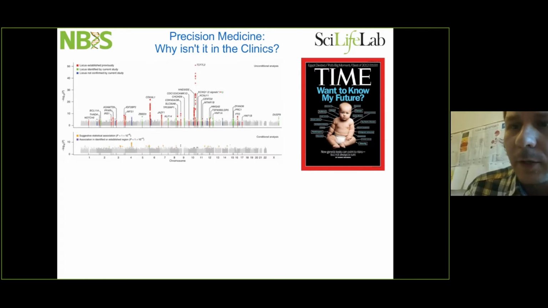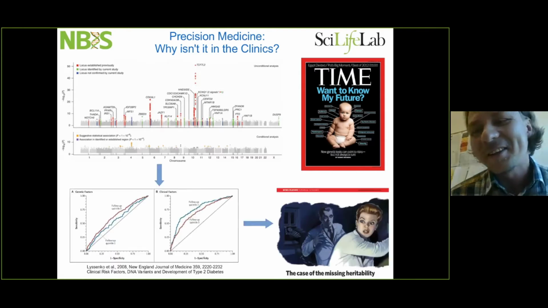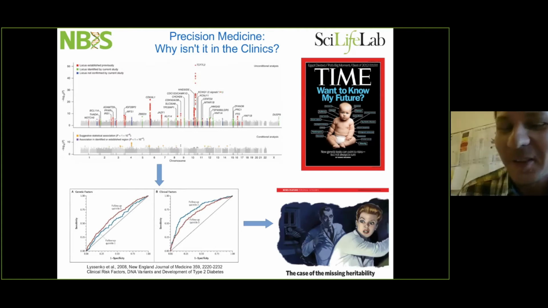Well, the simple answer is that it doesn't work. The problem here is called the missing heritability problem. If you look at the predictive power of the genes coupled to type 2 diabetes, this is a ROC curve on the left side. This is the predictive power of all these genetic signals.